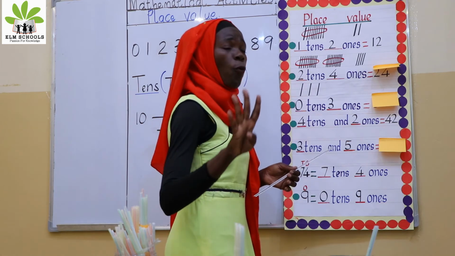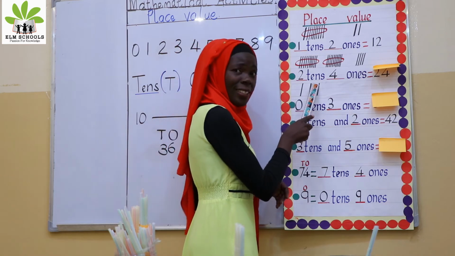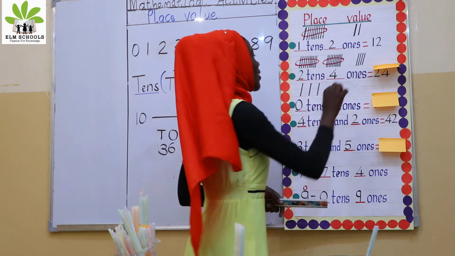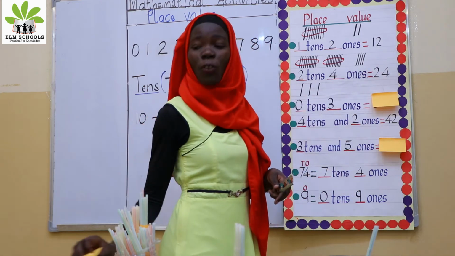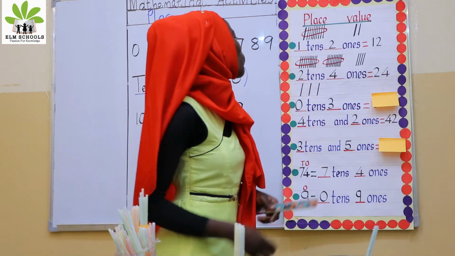How many? 4. So here we say that we have 2 tens and 4 ones. What do we get? Wow, we get 24. So 2 tens and 4 ones, we get 24.